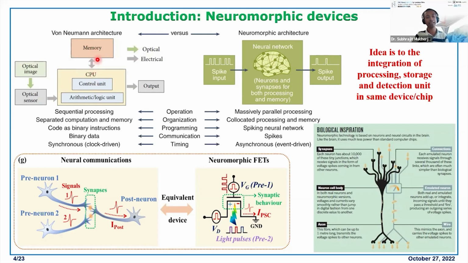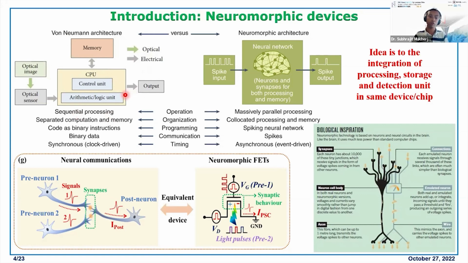It's fetching data, sending data to the memory unit, fetching again to the CPU. Then after final processing, it's sent to the output. So it is a continuous sequential process. During this, a lot of energy consumption happens. This is not good for current devices, and the footprint of the devices is large for a single operation.